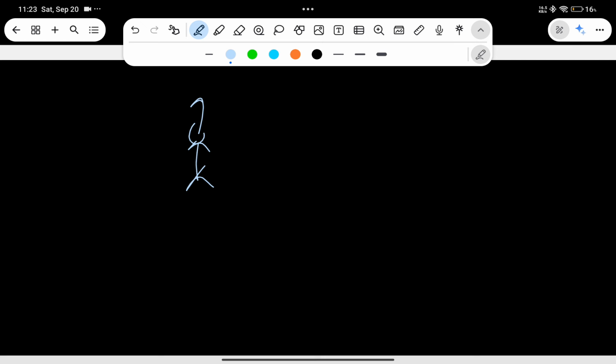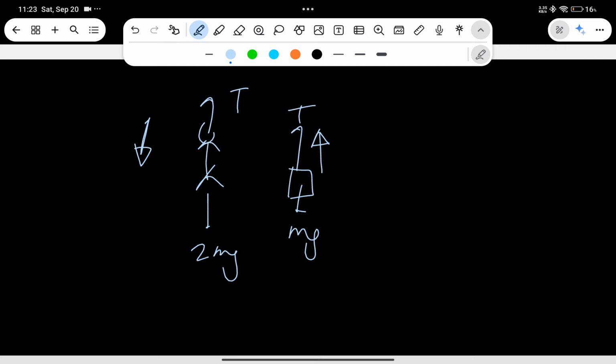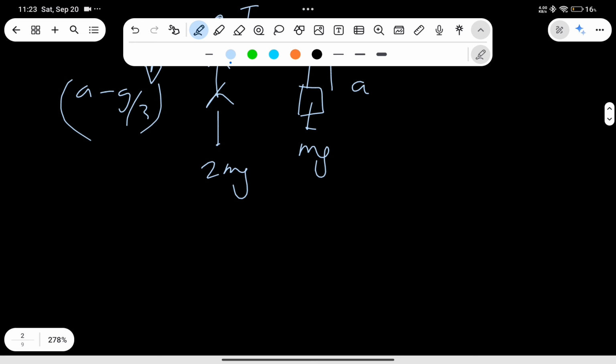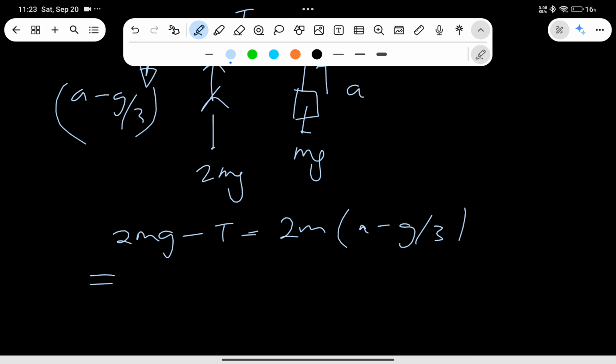Let's say this was the monkey: tension would be there, 2mg would be there, and he'll move downward. Obviously the block will move upward: block mg, tension T, and the block moves upward with acceleration a. Now writing the equations: 2mg minus T equals 2m into a minus 2g by 3, and also T minus mg equals m into a.